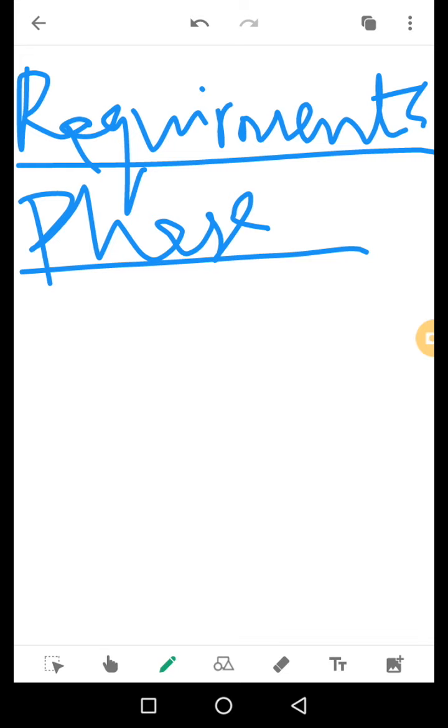Don't forget that non-functional requirements are also called quality requirements or constraint requirements. That is, requirements that set regulations. Are you getting it now? So that's all about functional and non-functional requirements.